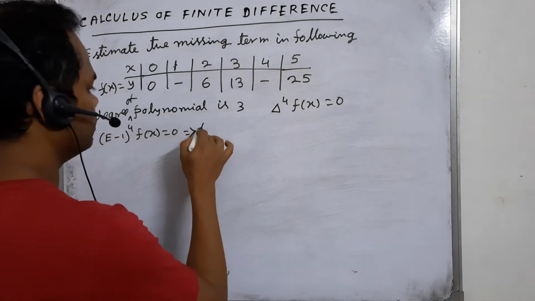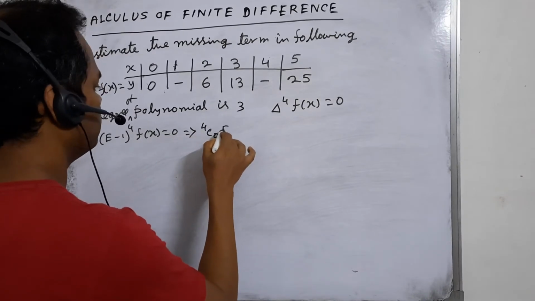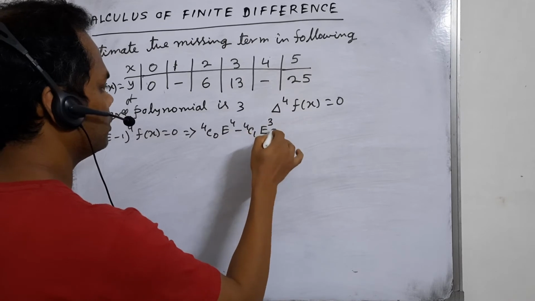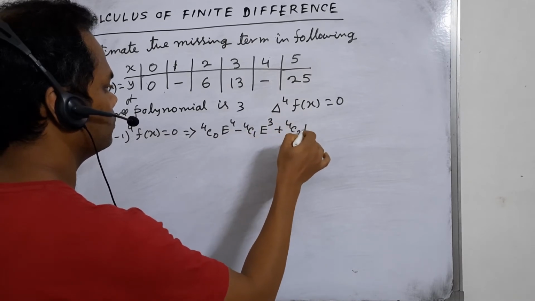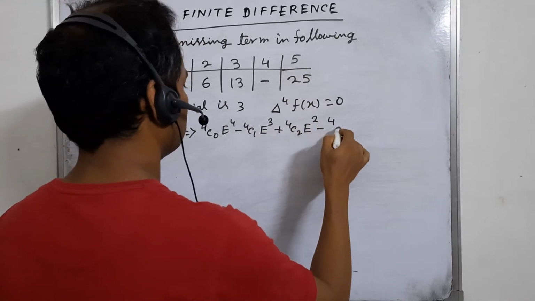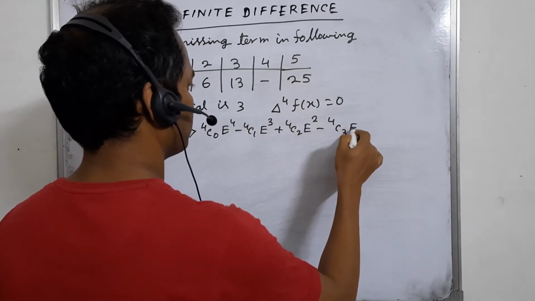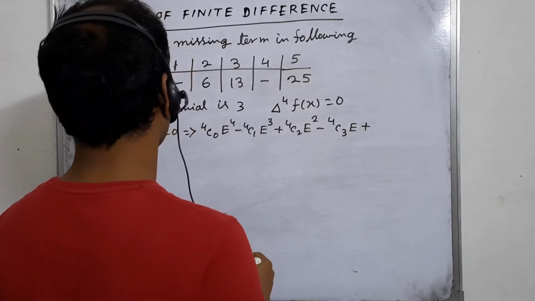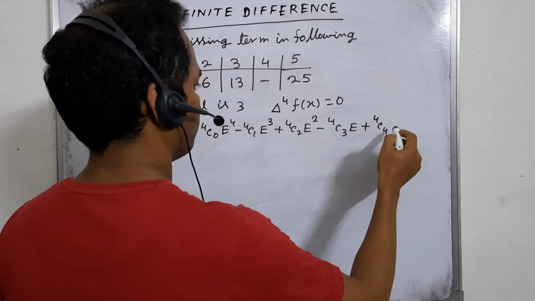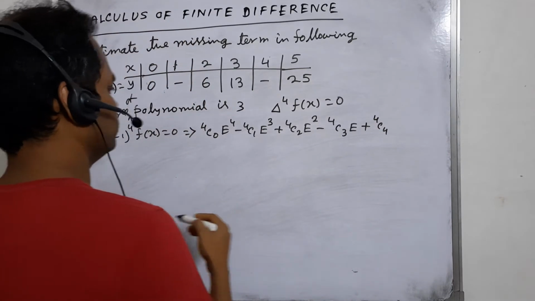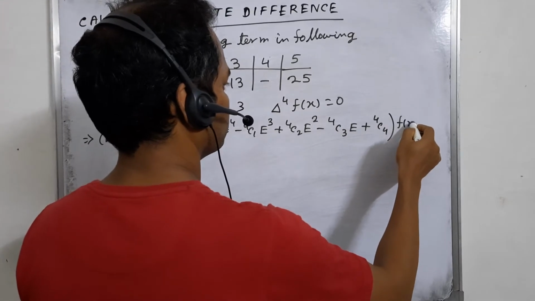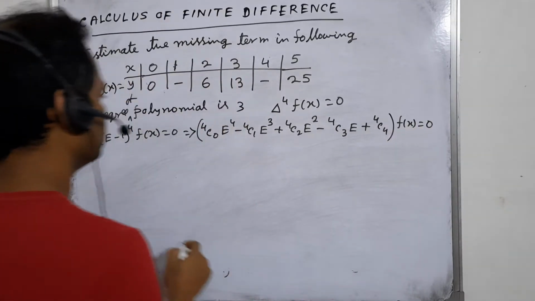So 4C0 E to the power 4, minus 4C1 E to the power 3, plus 4C2 E square, minus 4C3 E, plus 4C4 is 1, equals 0.